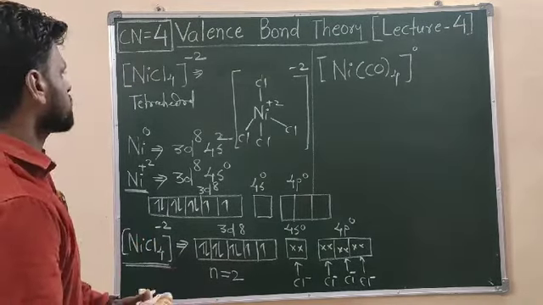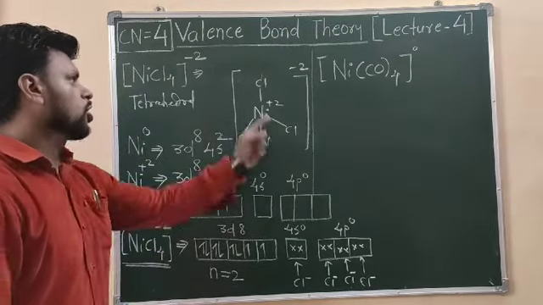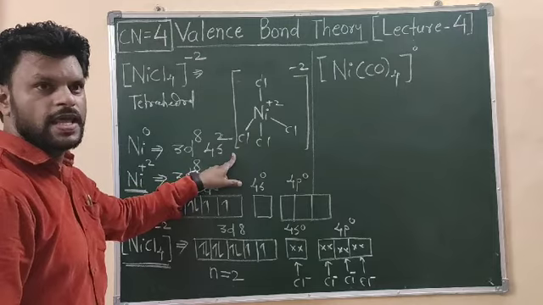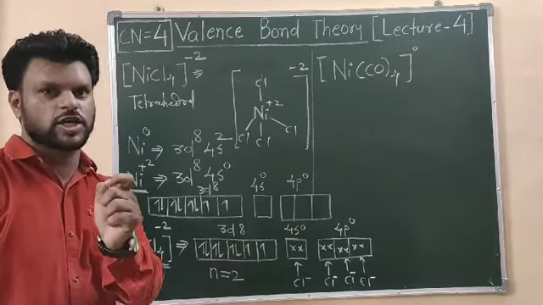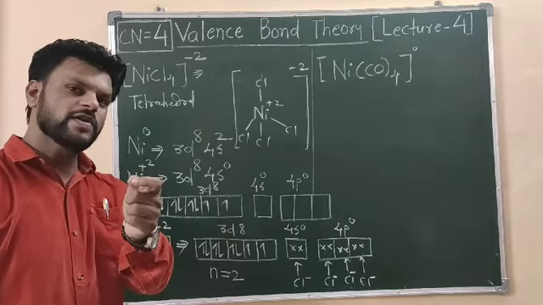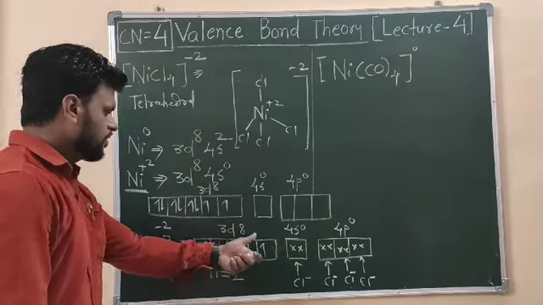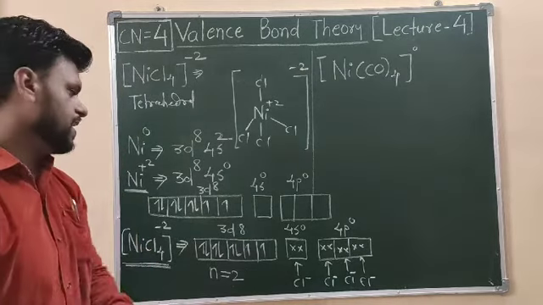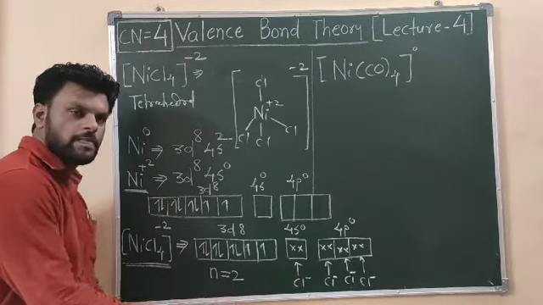So firstly, whatever the complex, find the coordination number, metal ion and electronic system, and you should also know the nature of the ligand. Remember that with a strong field ligand, electrons will start pairing up in the d orbitals, and with a weak field ligand, the electrons will not undergo pairing.